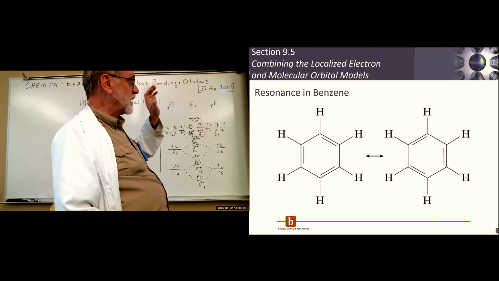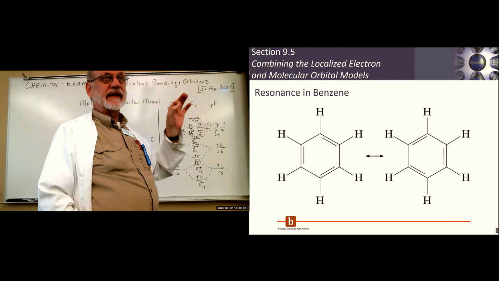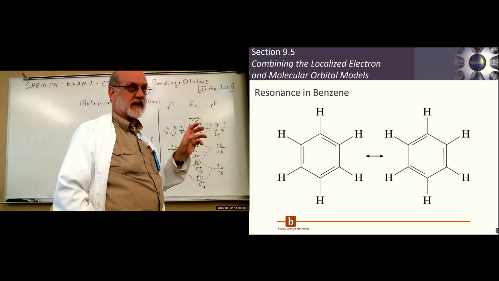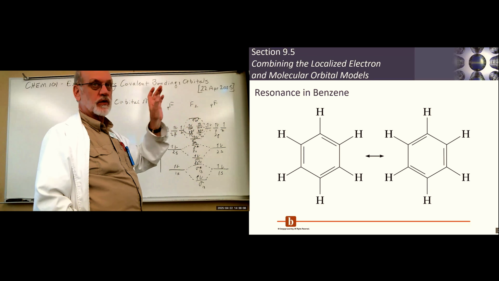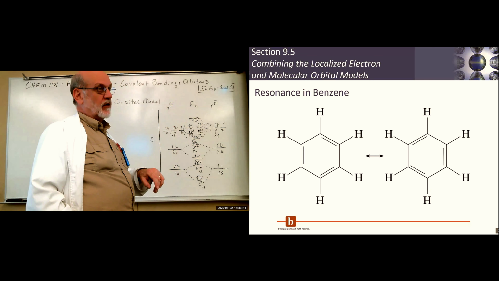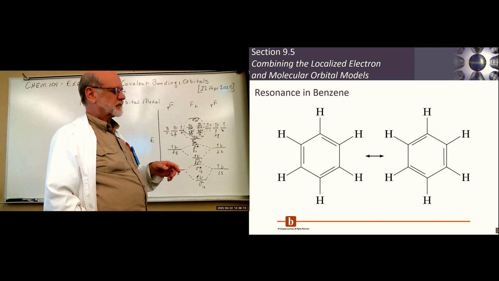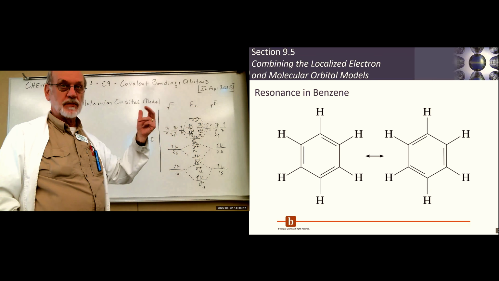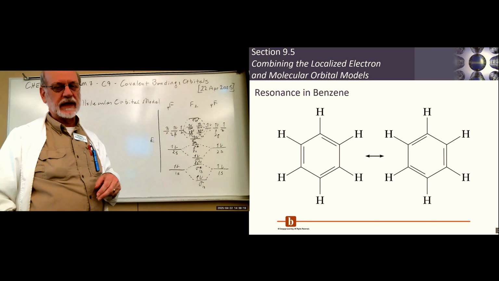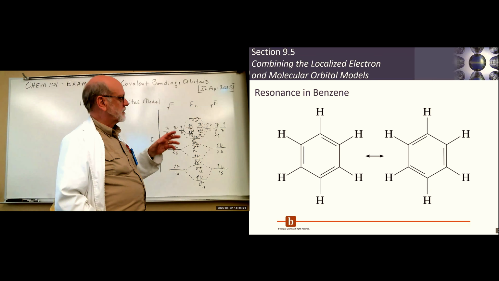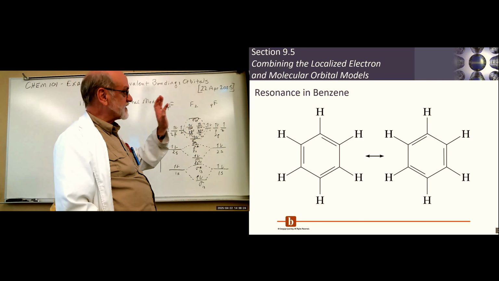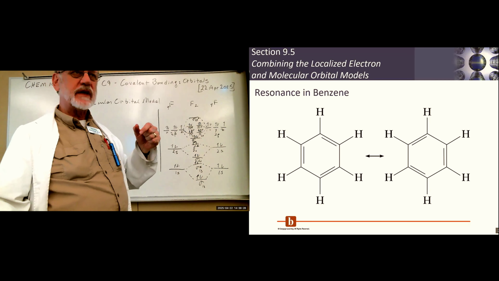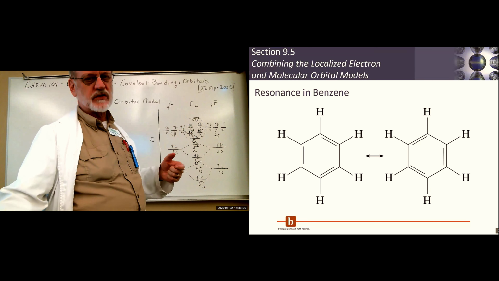But benzene, we know, has equal bond lengths throughout that ring, right? So we know that it's not double single, right? Double would be shorter and single would be longer. And that would be unstable too. So we know all the bond lengths and bond energies are the same between each of the carbons in that ring. And the necessity for resonance here is negated if we induce some delocalization, right?